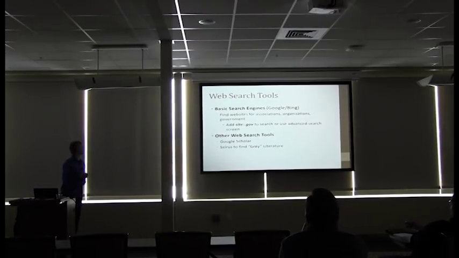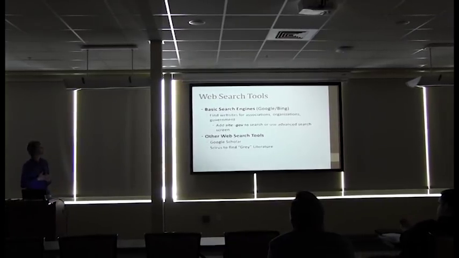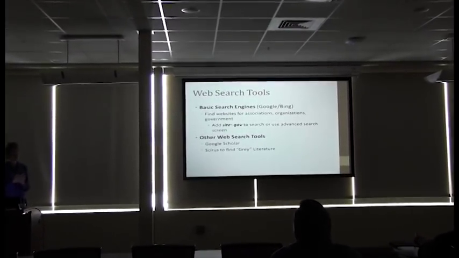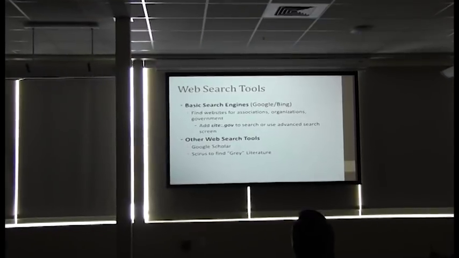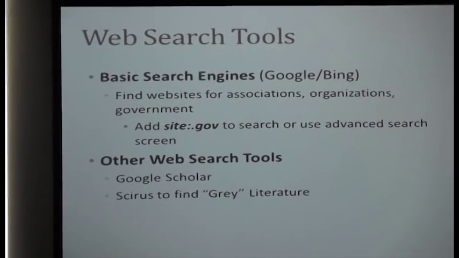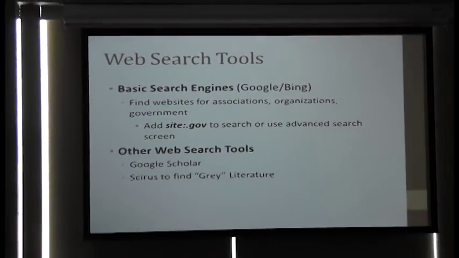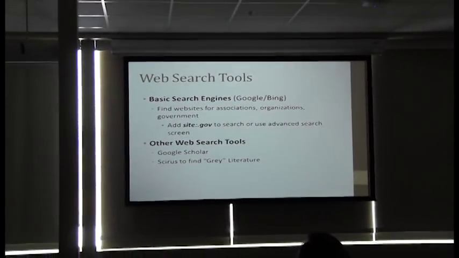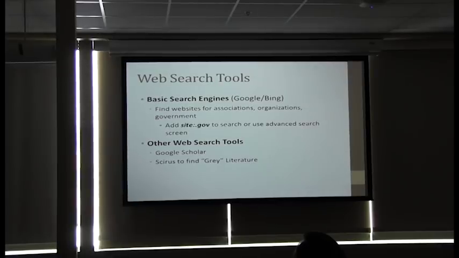Web search tools. All students think that they are experts at searching search engines and finding websites. Basic search engines like Google and Bing are really good to find statistical information as well as association and organizational information and government information.